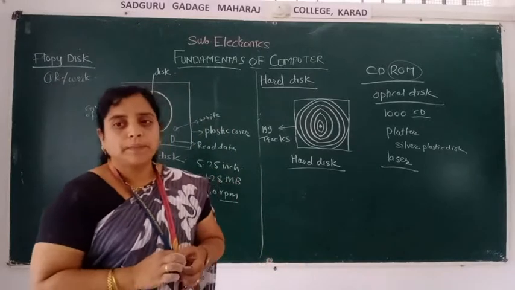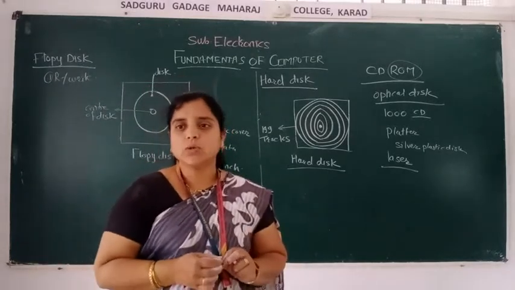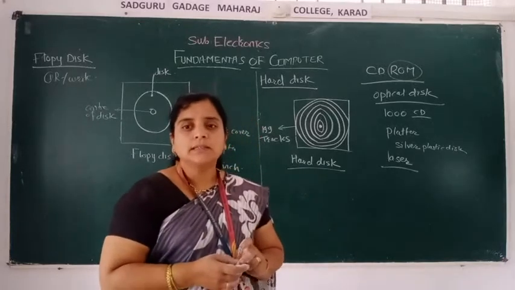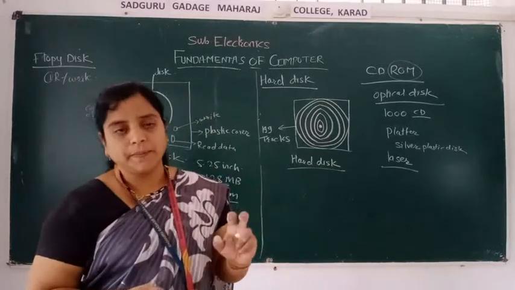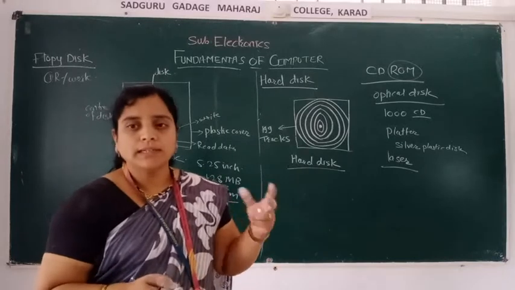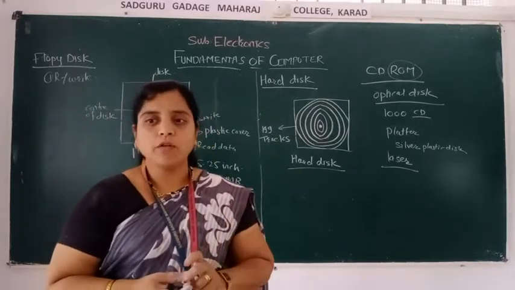So the playing surface is coated with a thin film of aluminium, and therefore it reflects the scanning laser beam of the CD-ROM player. Okay, what it says: the playing surface is coated with a thin film of aluminium.